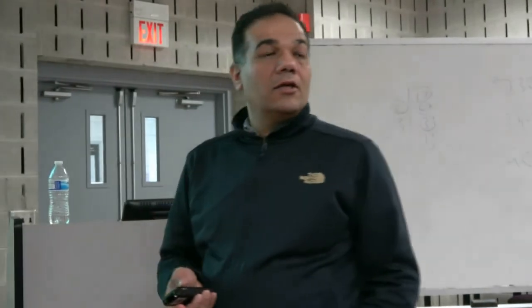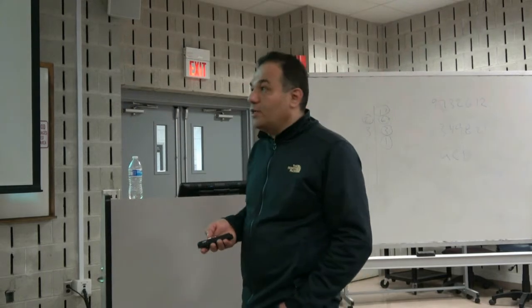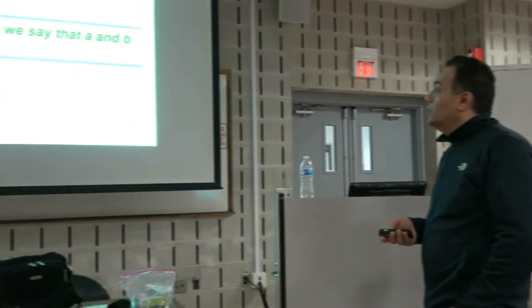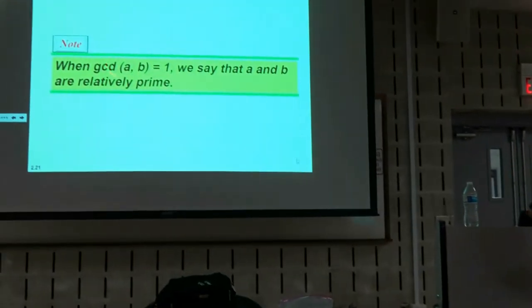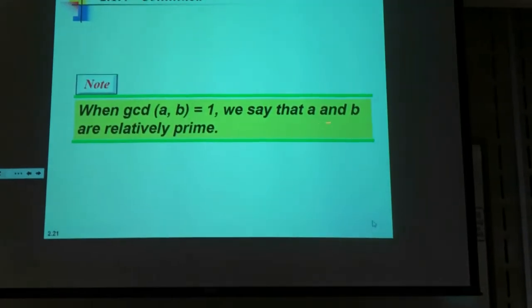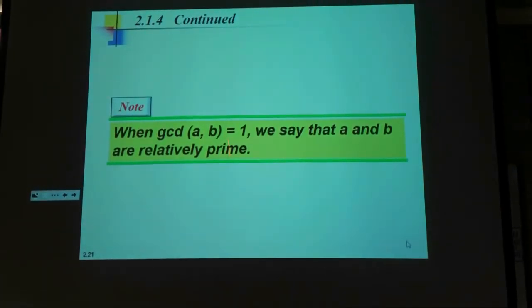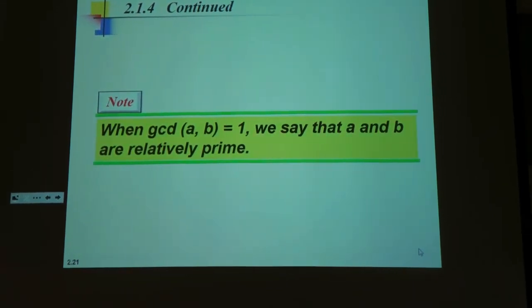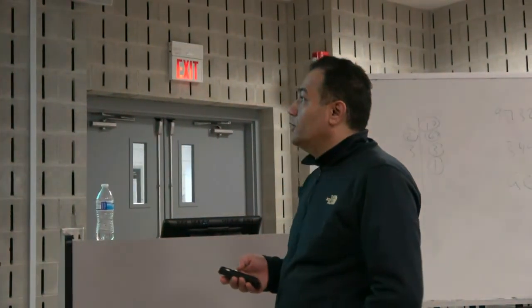That means there are no common divisors except 1, because 1 divides any number, right? Most of the encryption algorithms depend on prime numbers and relative primes, as we'll see later. So these are very important terms.